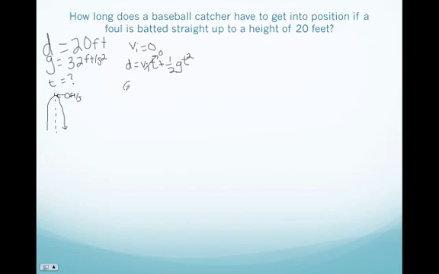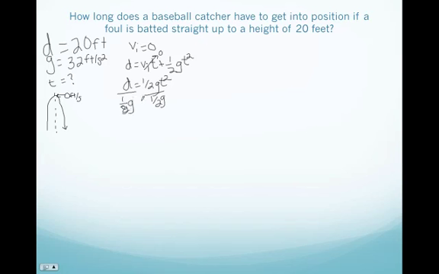So we're left with d equals 1/2 g t squared. So I'm going to solve for t. To do that, I'm going to divide by 1/2 g and divide by 1/2 g. Oh, that would be a 2.